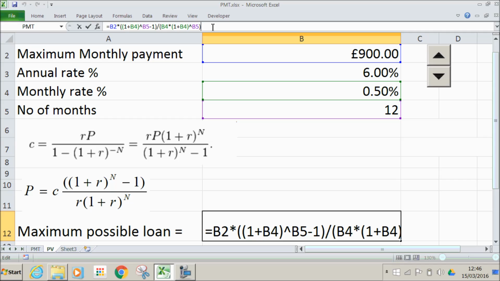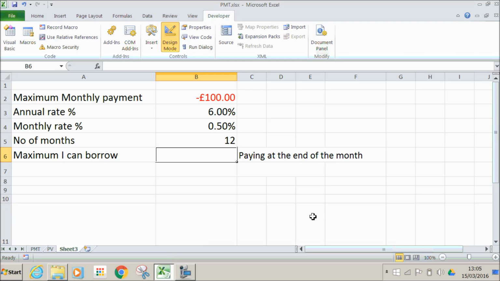The formula is quite complicated and difficult to remember, so Excel have built it into the software. The formula is called PV, or present value. This name signifies that we are calculating the value now, at the present moment, of a series of future payments.